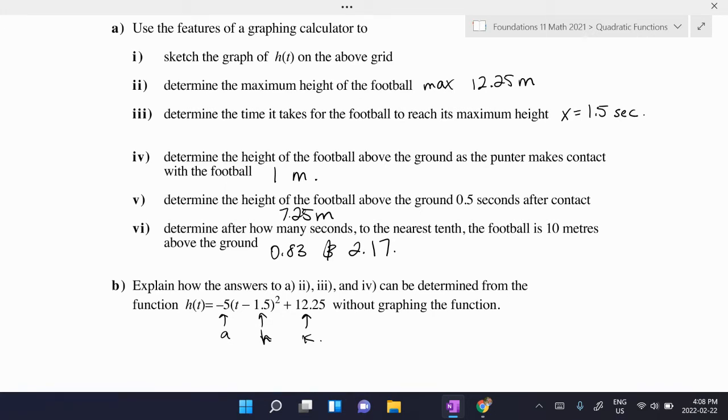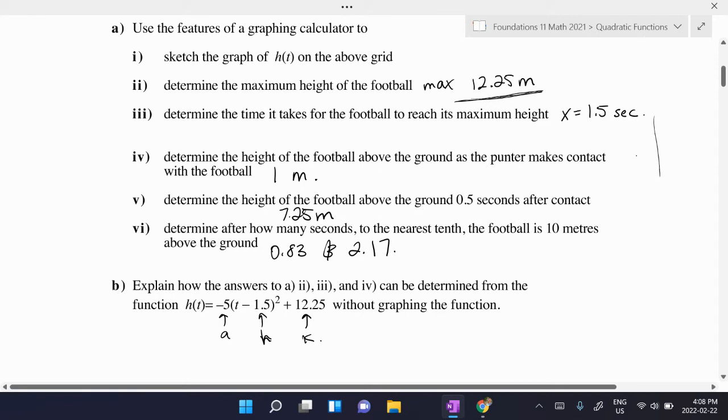So maximum height is going to be the k value of your vertex, your y value. Determine the time it takes to reach the maximum height. That's your x value, right? You're going along here. This is your time. How long it takes you to get up to that top value, that's your x value. So 1.5 seconds.